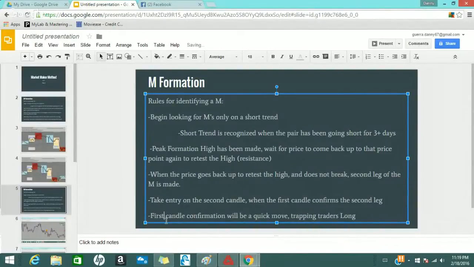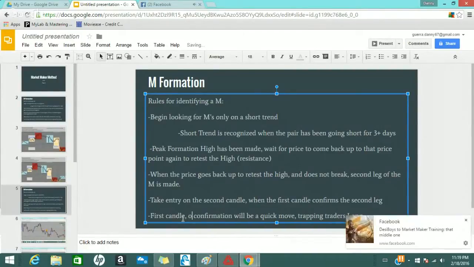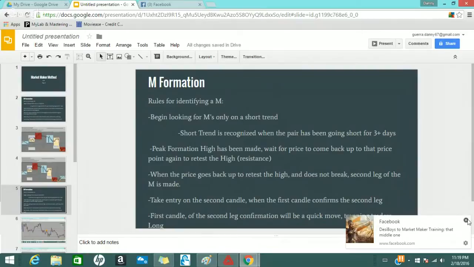First candle of the second leg confirmation will be a quick move, trapping traders long.